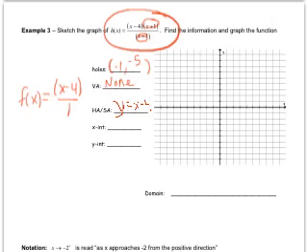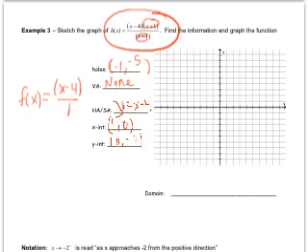How do you find your x-intercept? It's the root on top, so x minus 4 equals 0, so 4 comma 0. The y-intercept is found by plugging in 0, and you get -4.